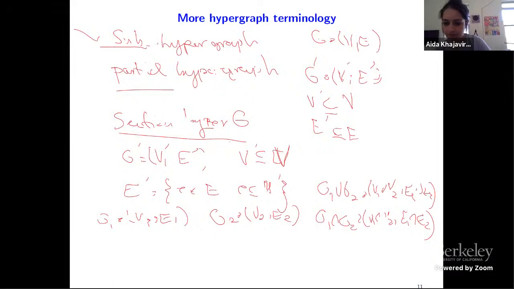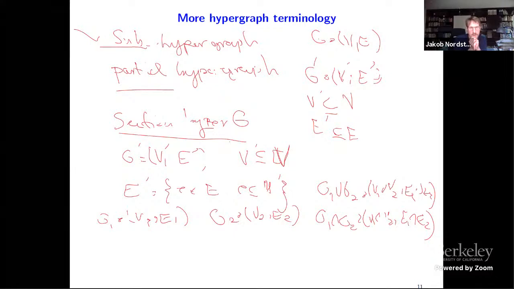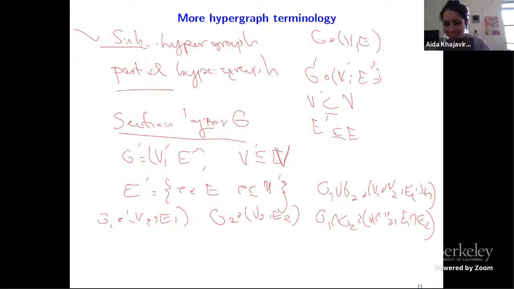As long as they're of size at least 2. So for standard graphs the induced subgraph and the section hypergraph coincide, but in general for larger edges they don't. Exactly. Yes. Any other questions, comments?